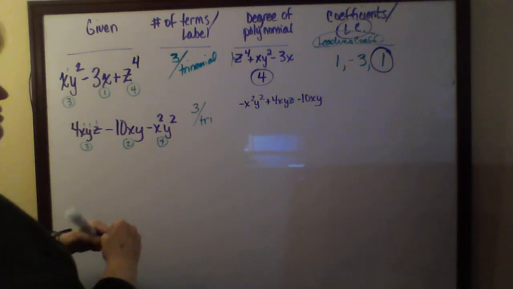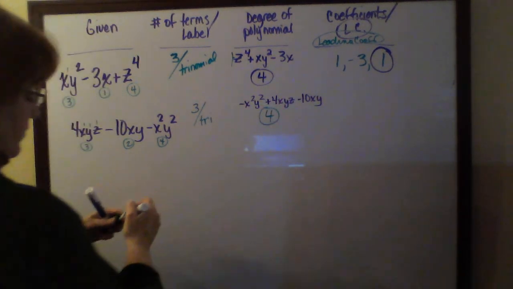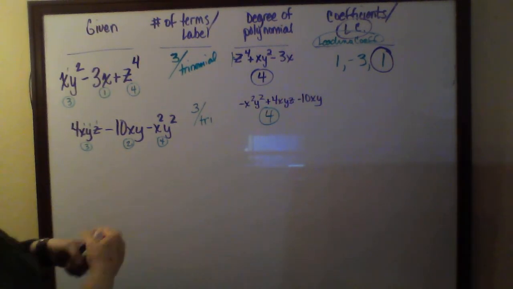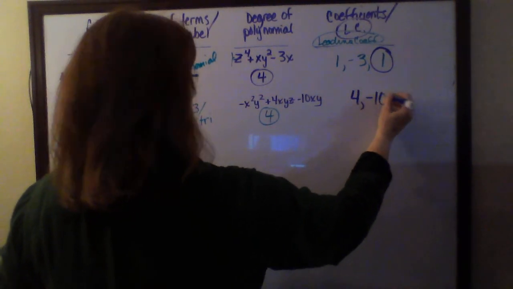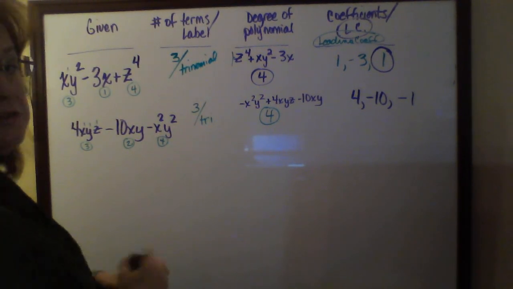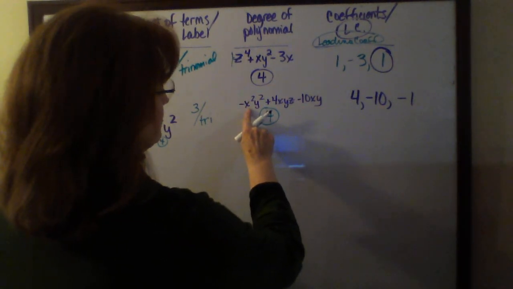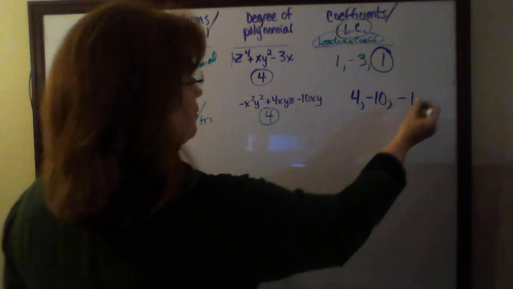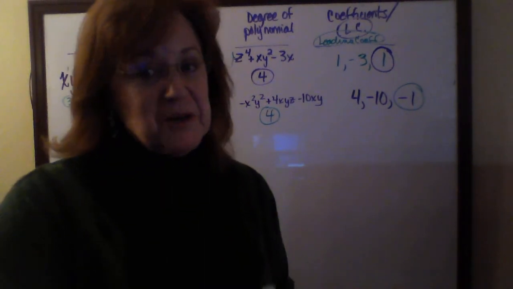So the degree is 4 on this one. And back to these coefficients: -1, 4, -10. It really doesn't matter because they're a list, but you do need to make sure and circle the correct leading coefficient, which is the coefficient in front of this term. So -1 gets circled on this one. If you have any questions, let me know.